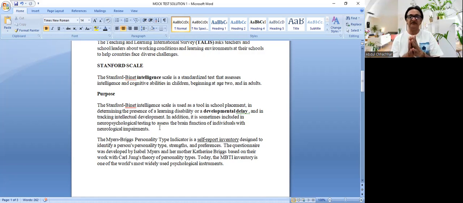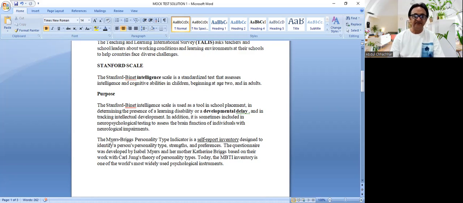So you must know that the Stanford-Binet scale is used for assessing individual students' learning styles, or what type of disabilities they have.